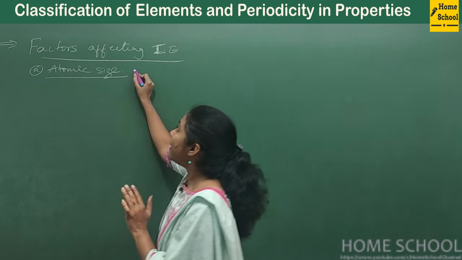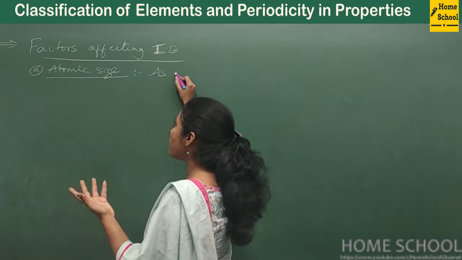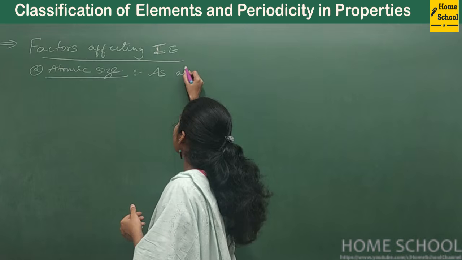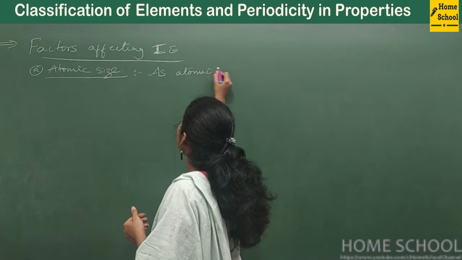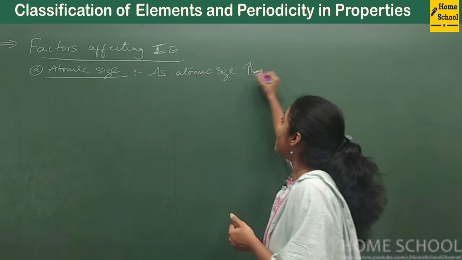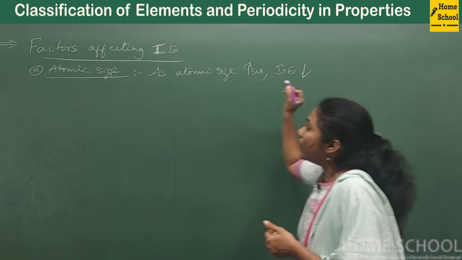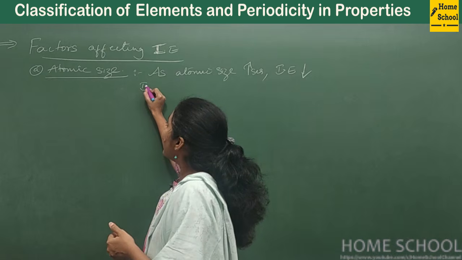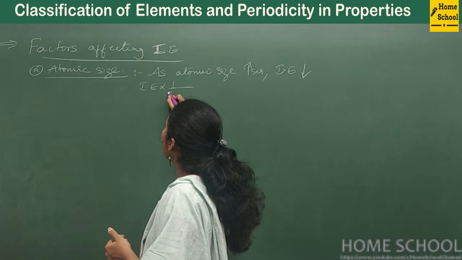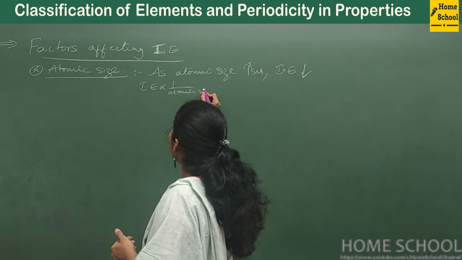So usually as the atomic size increases, remember this is really very important, our ionization enthalpy decreases. Always, our ionization enthalpy is inversely proportional to atomic size. So this is really very important.